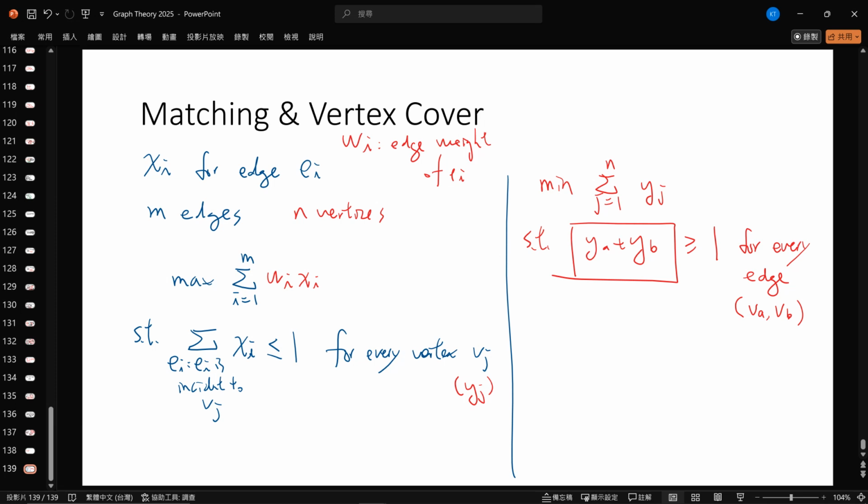And in the dual problem, you have to change the right-hand side to the edge weight.